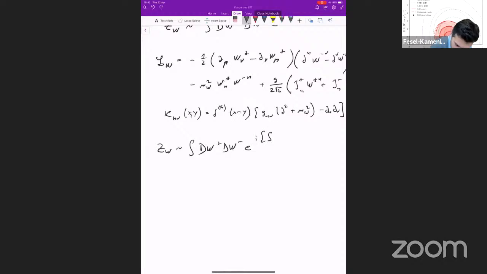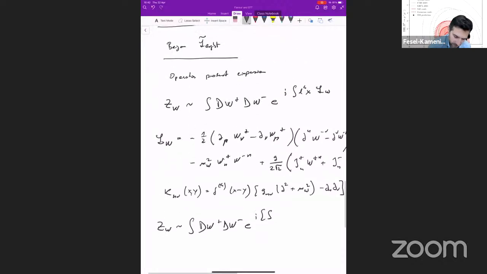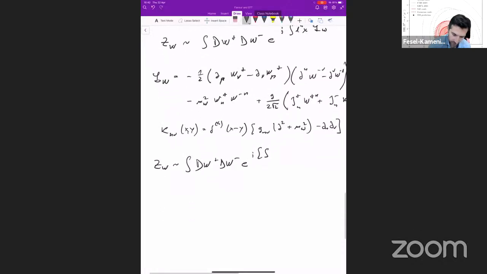And then we rewrite the first two terms in the original action as an integral over d4x, d4y, W mu plus of x, K mu nu, W nu minus of y.